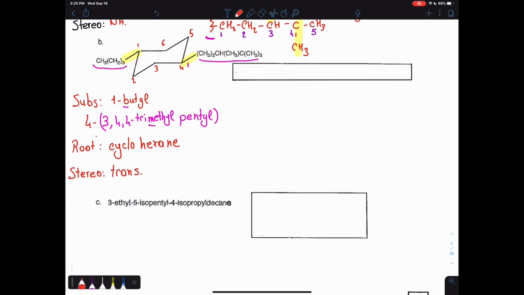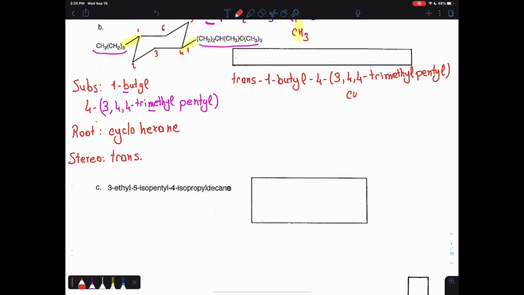Now when you're putting the nomenclature together, remember that when there is stereo, it always comes first. So it's gonna be trans, even before the number, before everything. 1 butyl, 3, 4, 4 trimethyl pentyl, and then it's going to end up with a cyclohexane.